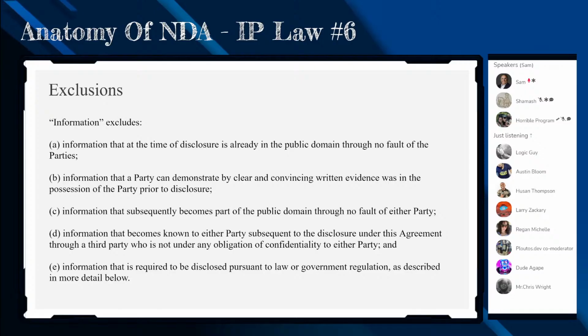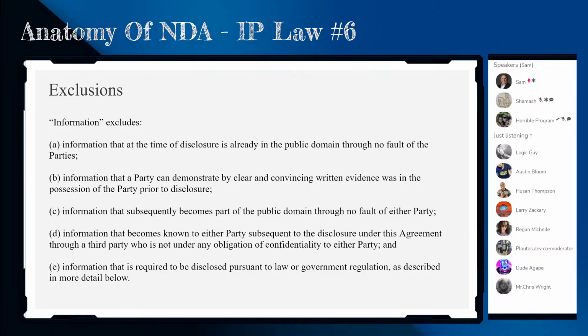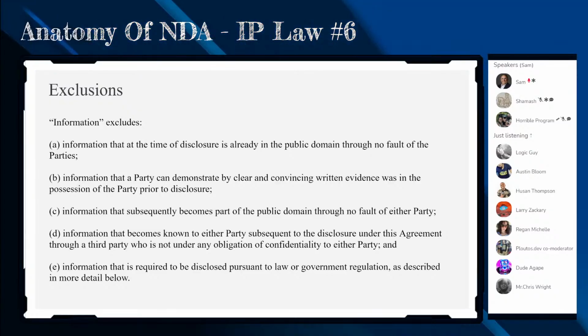And so here, if I'm putting all this burden on you to protect this information, but the information is not confidential, then my contract is producing burdens without benefits, and that makes the contract invalid.